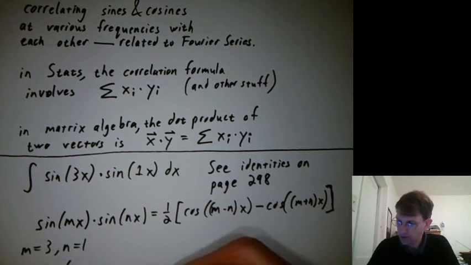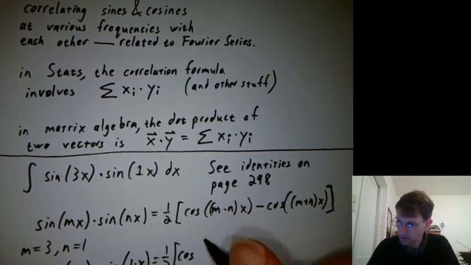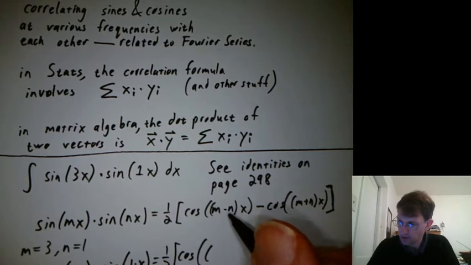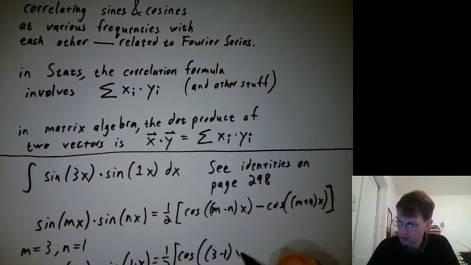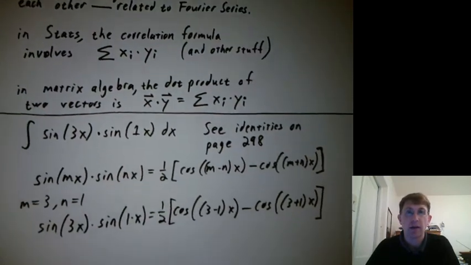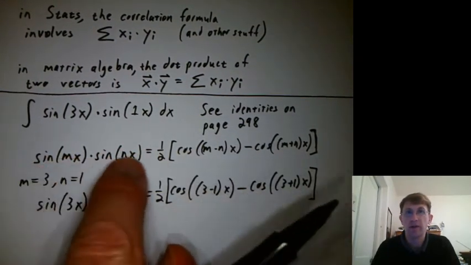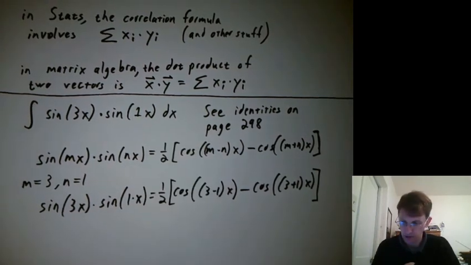So we've got sine of 3x times sine of 1x equals 1/2 cosine of 3 minus 1 x minus cosine of 3 plus 1 x. So notice I'm not actually doing the integral at this point. I'm just saying, what is this expression kind of inside the integral?